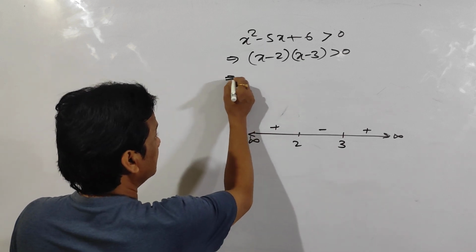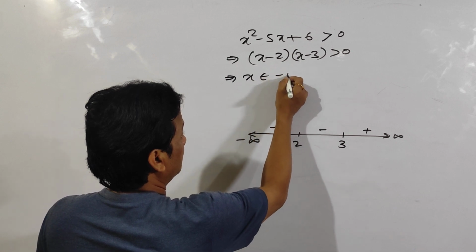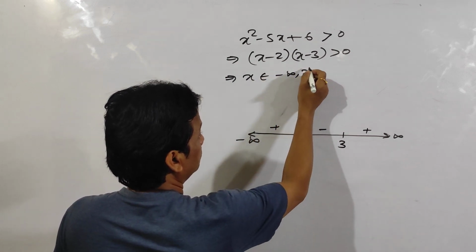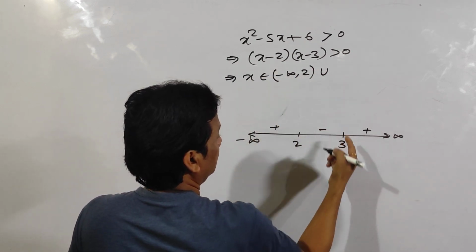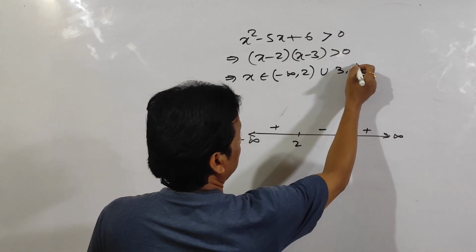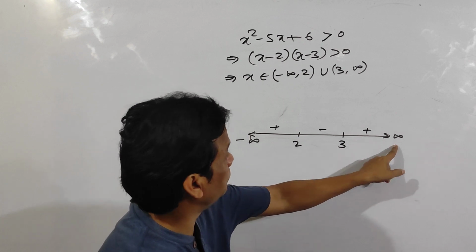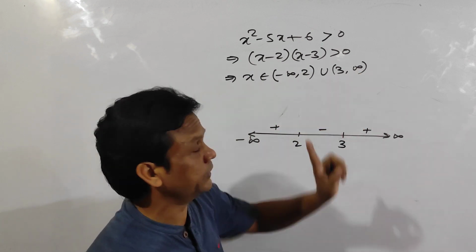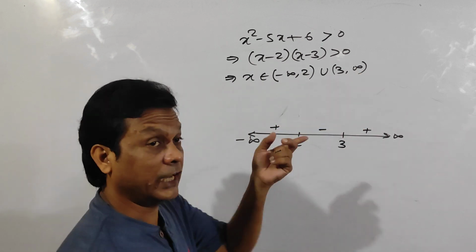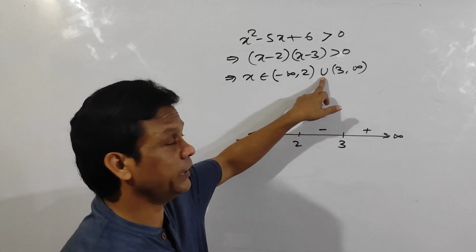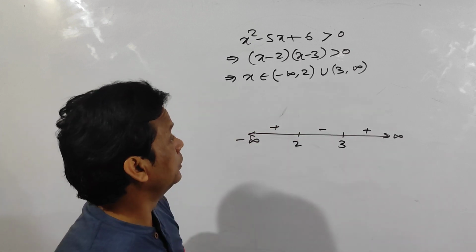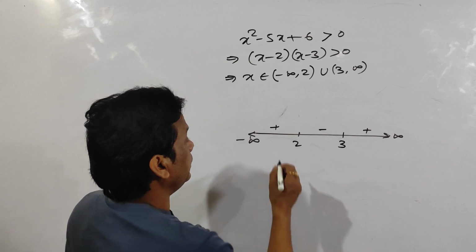So that means x belongs to minus infinity to 2, open interval, union 3 to infinity. Minus infinity first, then 2, then 3 to infinity. I have told you or, that is why I have given union. Clear? And you can write like this.